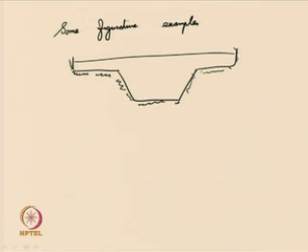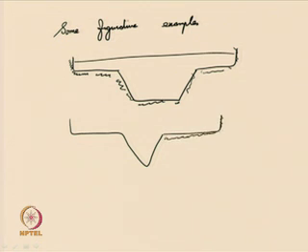So, this is a compound section. Another example you can imagine is a triangular cross section as the main channel and rectangular portions as the side channels.